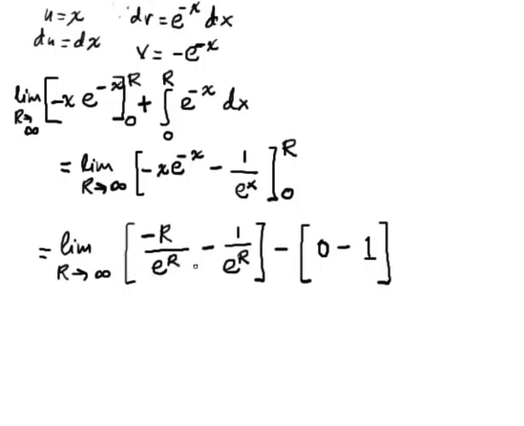All right, now let's look at this. As r goes to infinity, this goes to 0 because the denominator is going to infinity. Now here, the top is going to infinity, and the denominator also is going to infinity. But this is a limit of the form infinity over infinity, and we can show by L'Hopital's rule that this is going to go to 0. Let me just show it down here. We'll do the limit of r over e to the r.